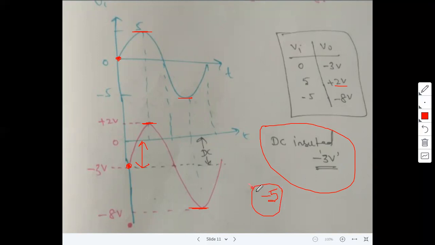In the first case, without bias, the capacitor charged to 5 volts, so minus 5 is inserted. In the second case, the capacitor charged to 3 volts, so minus 3 volts is inserted. So that's why capacitors are essential in clamper circuits. Remember this one.